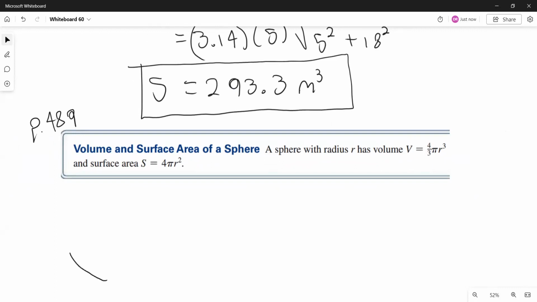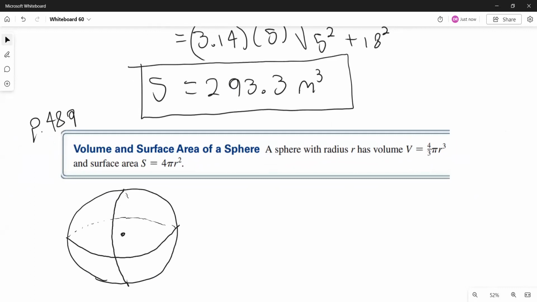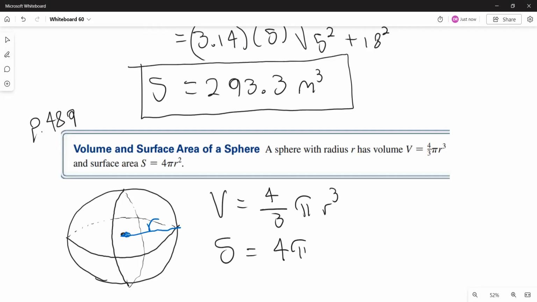Let's say we have a sphere with radius r. The radius is going to be the distance from the center to any point of the sphere. The volume is 4/3 pi r cubed, and the surface area is 4 pi r squared.